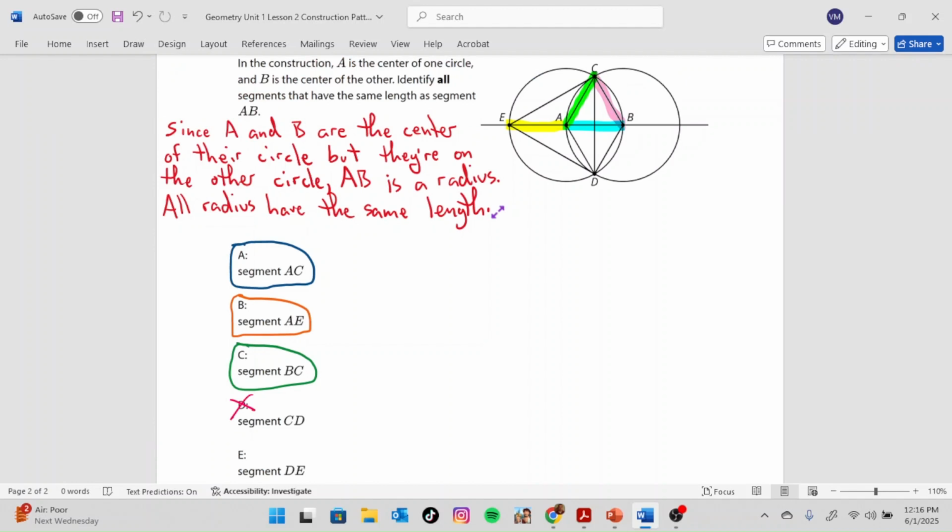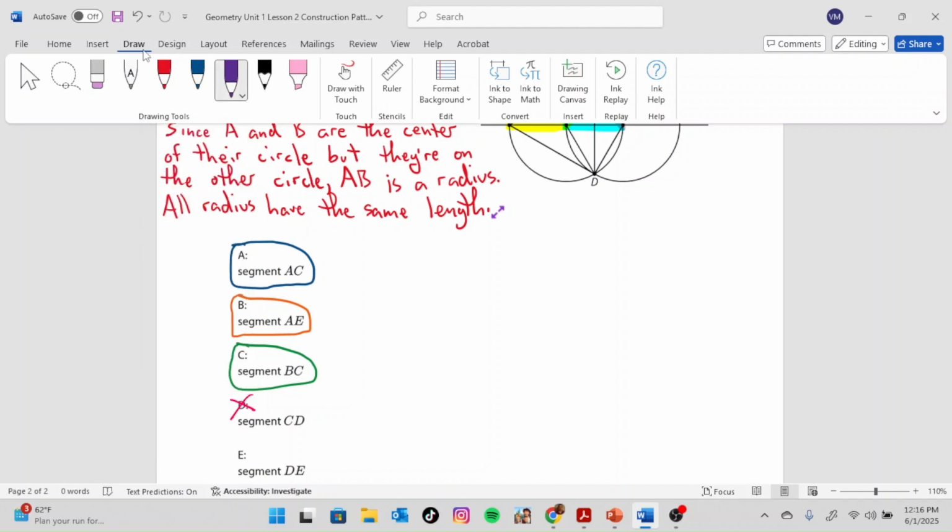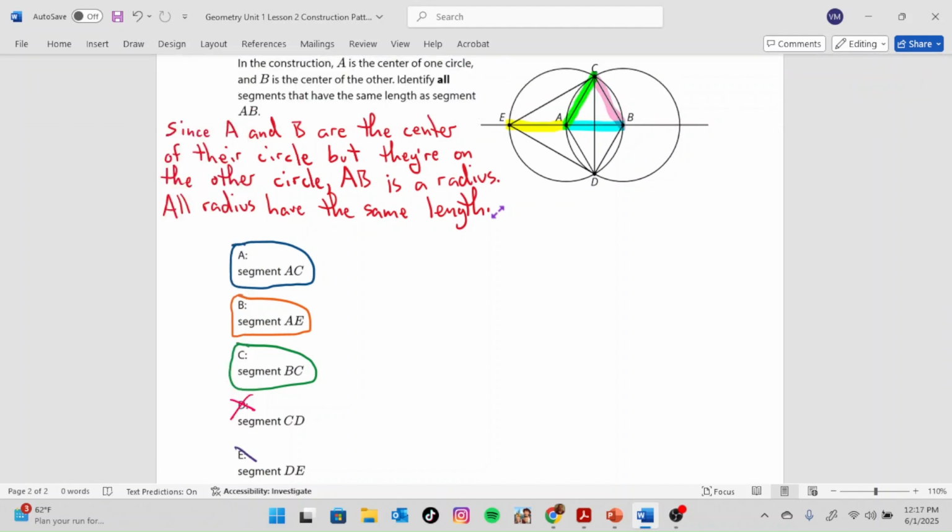And then choice E, segment DE, we see that it starts at the intersecting points of the circles and it goes across to another part of the circle on the left. This is not a radius, so it is not going to be the same length. So E is wrong as well.